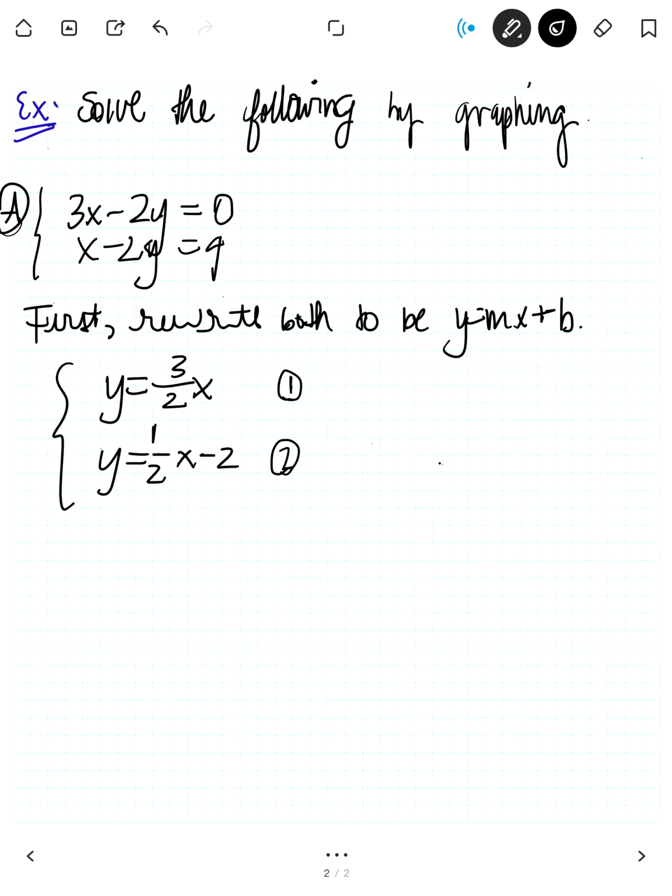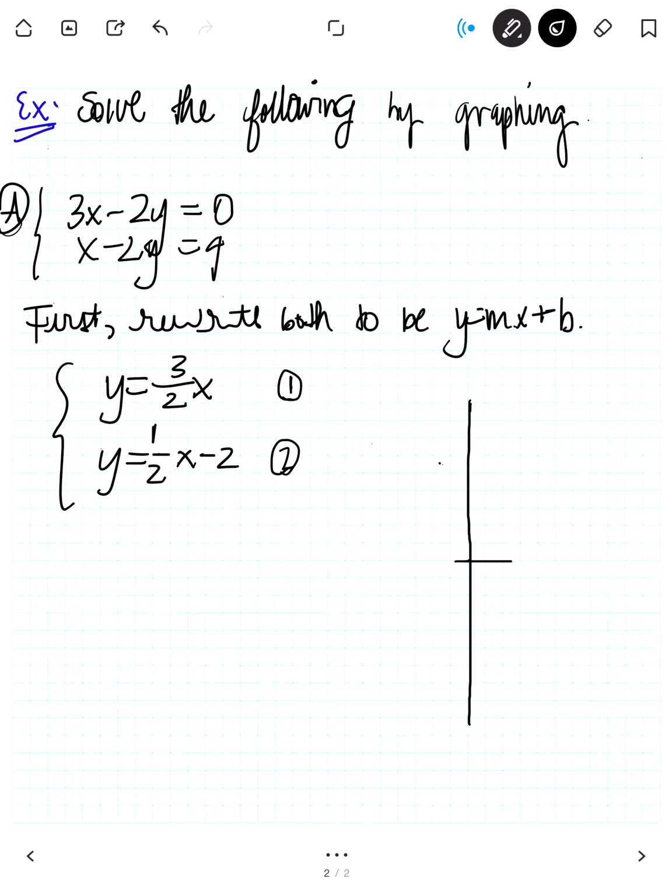So for my graph, I'm not quite sure where these intersect on the paper that I gave you guys. I think it goes up to 8 in each direction. So I'm going to try to do something similar. 1, 2, 3, 4, 5, 6, 7, 8. 1, 2, 3, 4, 5, 6, 7, 8.